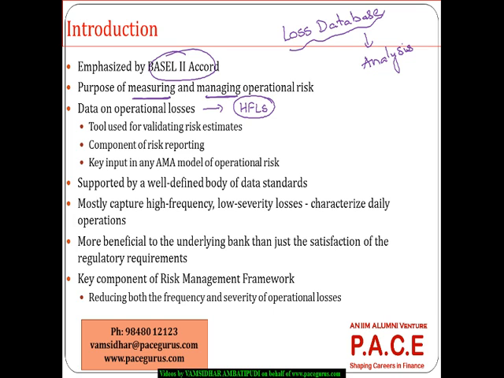When we try to purchase this kind of data from external vendors, high frequency, low severity data may not be suitable to the needs of the organization. So we need to understand that the more data we capture on operating losses, the more helpful it is in determining risk models and coming up with estimates of losses.